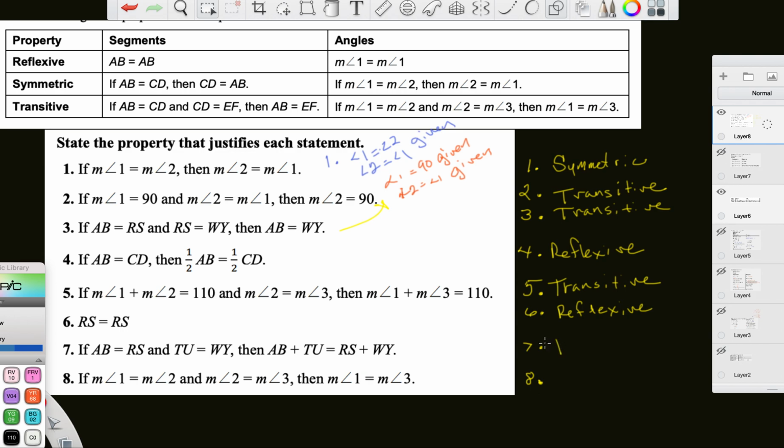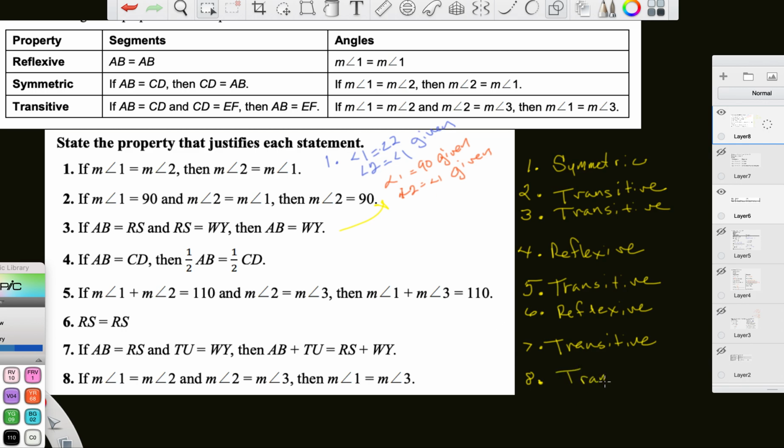This too is transitive. We're almost there, guys. This is the last one. Again, 1 equals 2 and 2 equals 3, then 1 equals 3. It says it right there. That's transitive. Right? A lot of transitive.